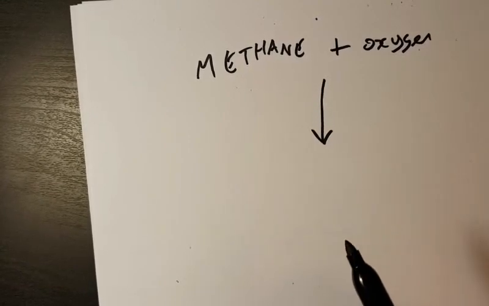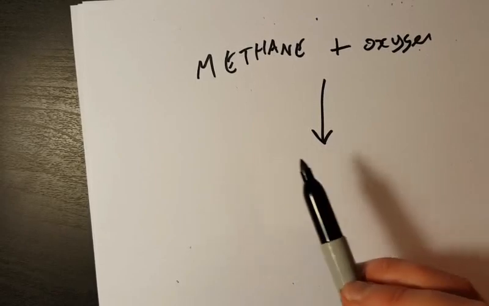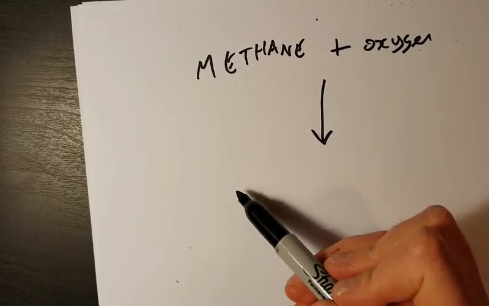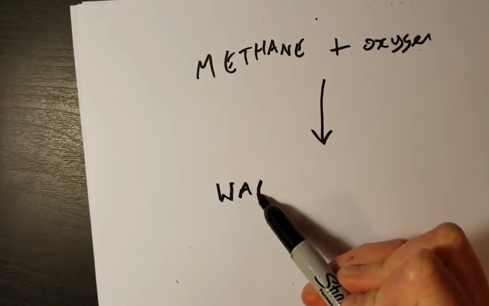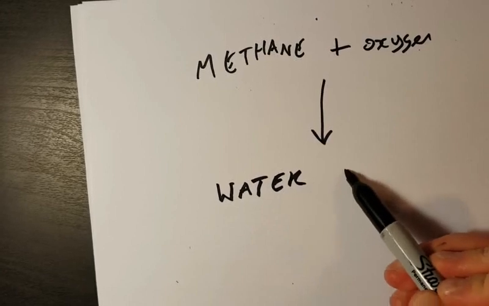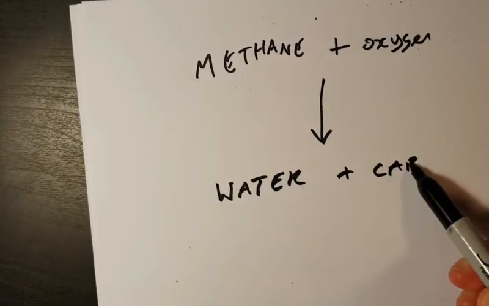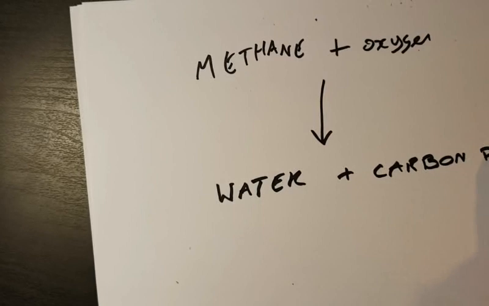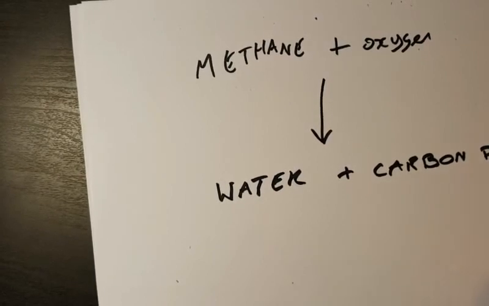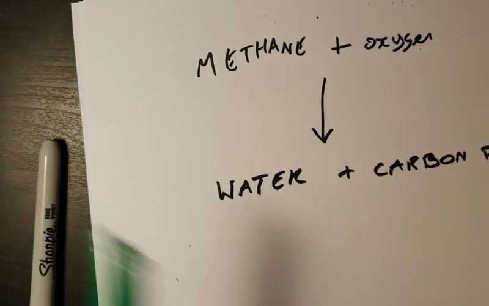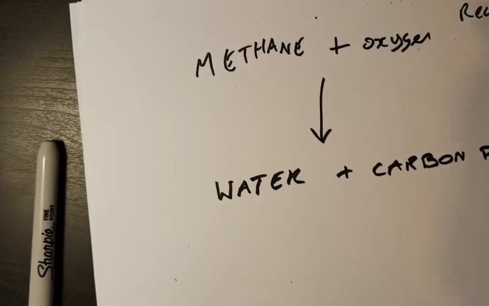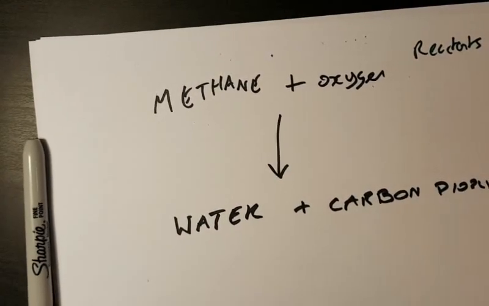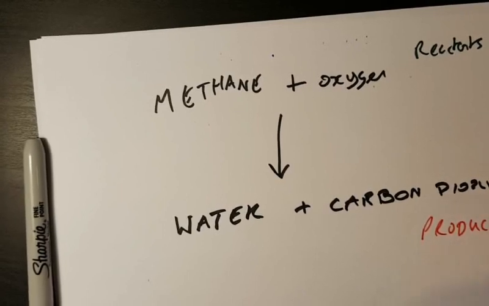If you remember, we called those our reactants, like in our photosynthesis equation. So what do we get from our products? Well, from combustion, our products are water plus carbon dioxide. So these are our reactants, and these are our products here, the things we produced.